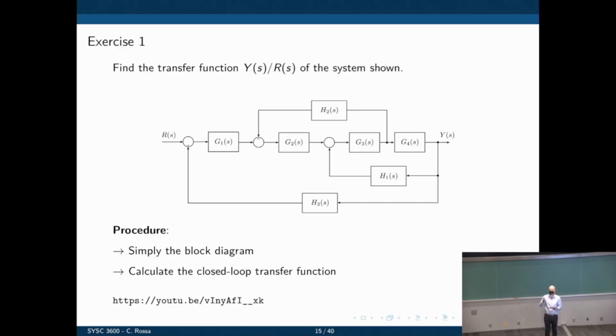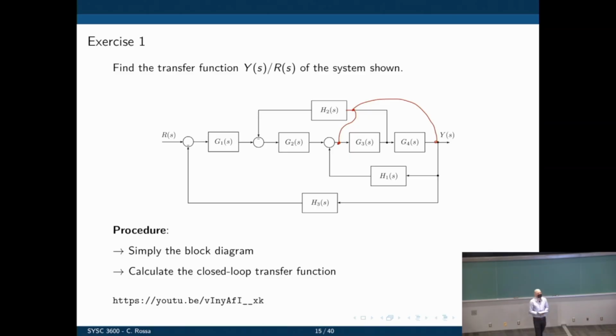Aha, excellent, very good. So the suggestion is we could multiply these two, but there is a signal in the way. So let's take that signal away. And where could that signal go? Well, we could put the signal ahead here, or we could put the signal behind G4, after G4. Which one is better? Oh, they are both correct.